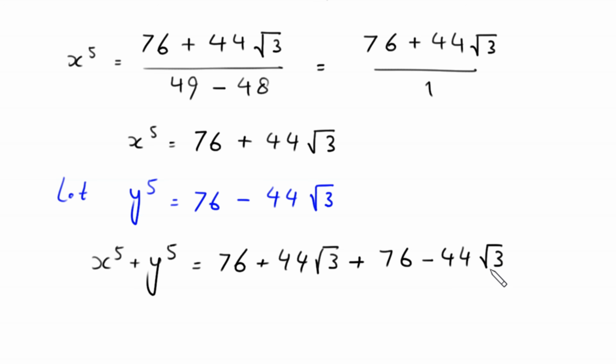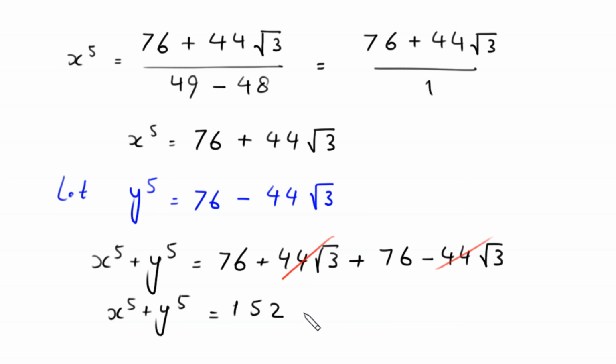The negative 44 root 3 will cancel with the positive 44 root 3. We get x to the power 5 plus y to the power 5 is equal to 76 plus 76, 152. Let's call this equation 1.